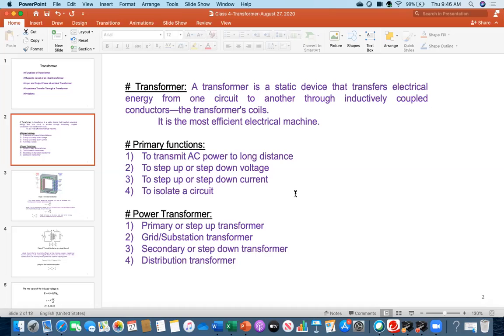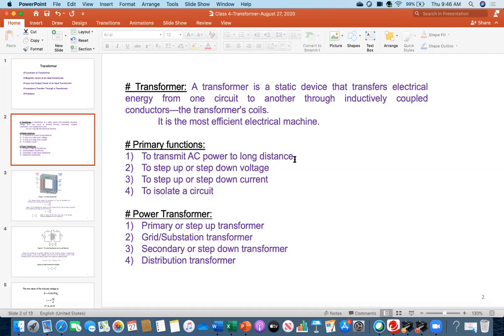The distance between your home and the power plant could be 100 miles, more than 100 miles, 500 miles. So how will you transmit power, because there will be voltage drop and power losses? That's why transformers are used to transmit AC power over long distances. That is the first function.